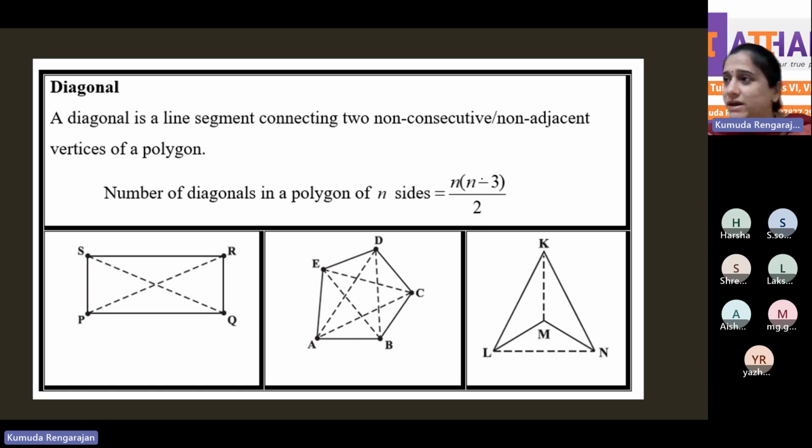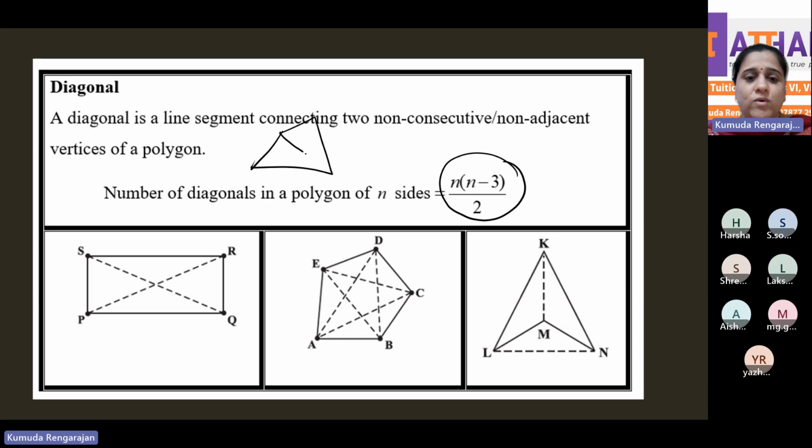N into n minus 3 by 2 is the expression to find the number of diagonals a polygon has. Now we know that a quadrilateral has 2 diagonals, right?